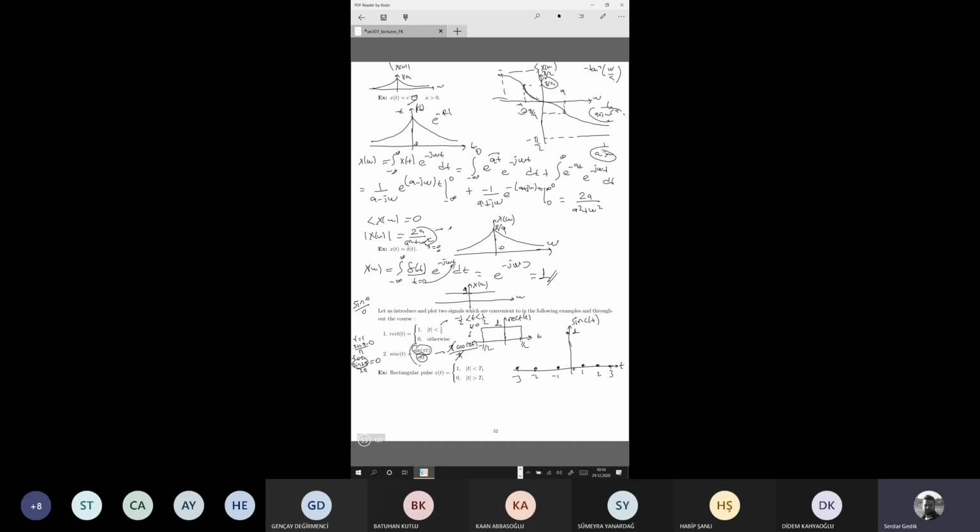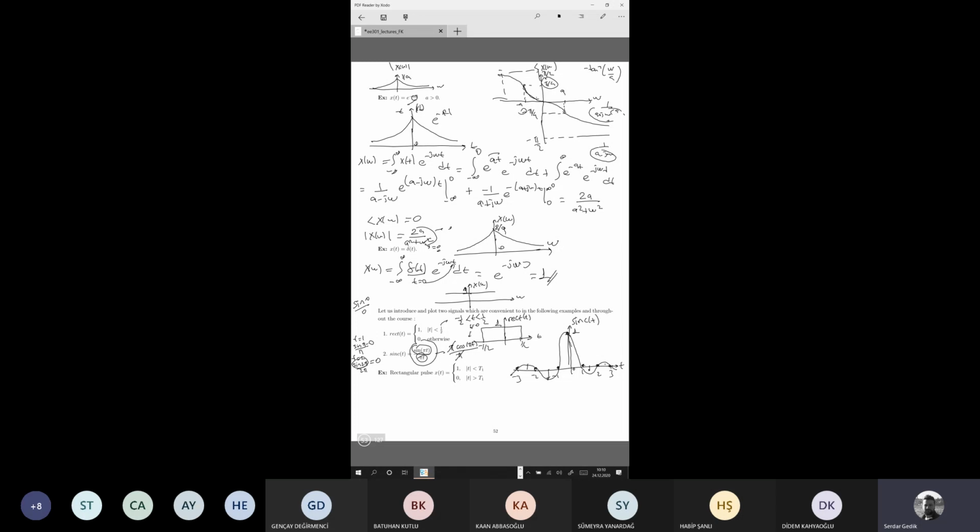So this value is decreasing in absolute sense as t goes to plus minus infinity. This is how sinc looks like. The peak values are decreasing as t goes to plus minus infinity. So this is the shape of your sinc signal.